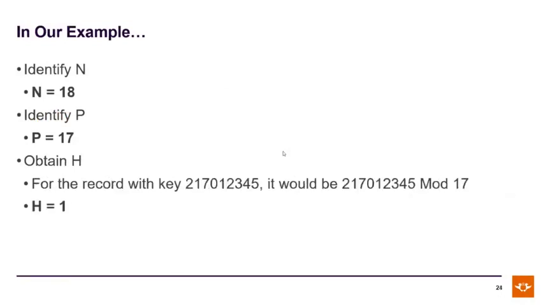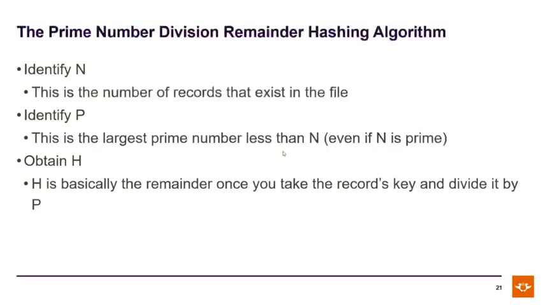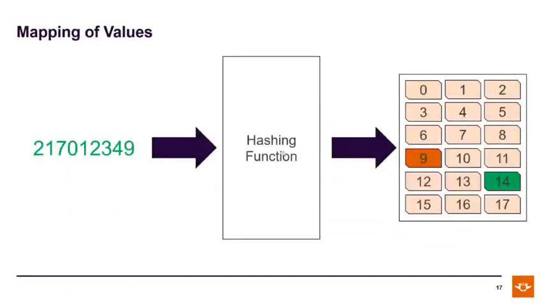So with 17, if you divide something by 17, the remainder will be a value between 0 and 16, because if you give it 17, 17 will just return a 0. And then anything going upwards will still give you a return. So the idea here is that it will fall in one of these spots.